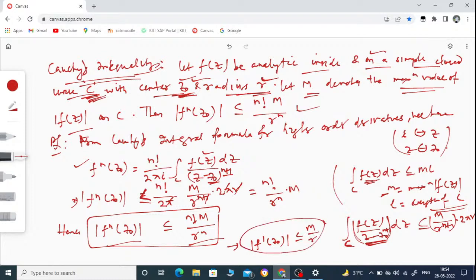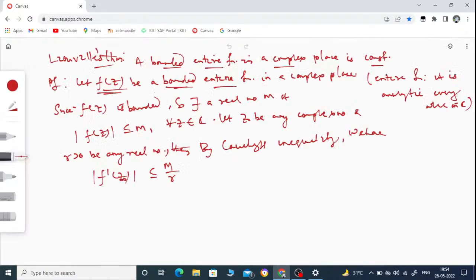So modulus of f dash z naught is less than M by r. Now taking r as infinity, since I am applying this for the whole set of complex numbers, if I take the limit r goes to infinity, we get f dash z naught tends to 0, because M by infinity will be 0.